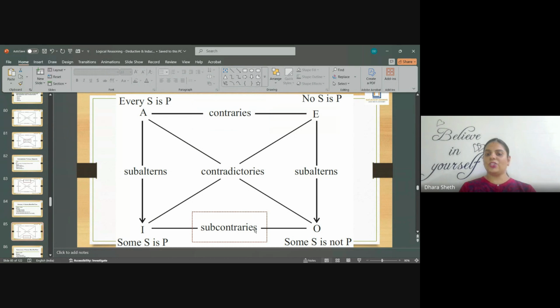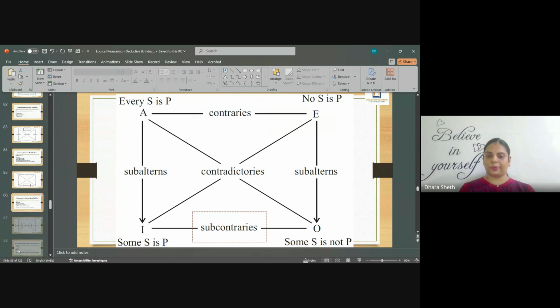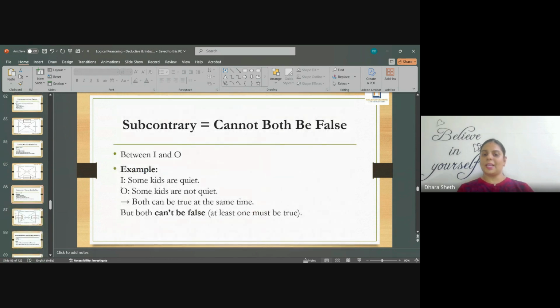The next relationship is subcontraries. That is between I and O. Some kids are quiet, some kids are not quiet. Both can be true at the same time, but both cannot be false. At least one has to be true.